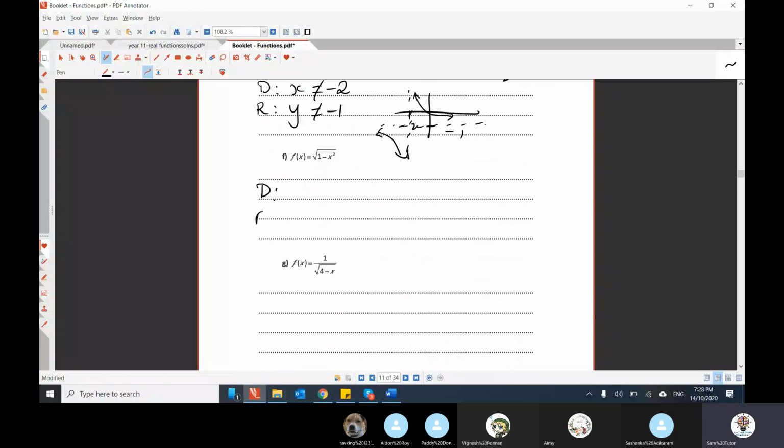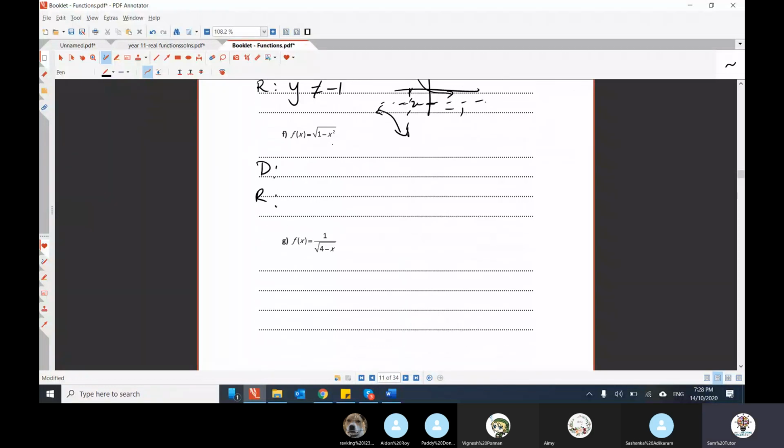And this one, domain and range for the square root of 1 minus x squared.